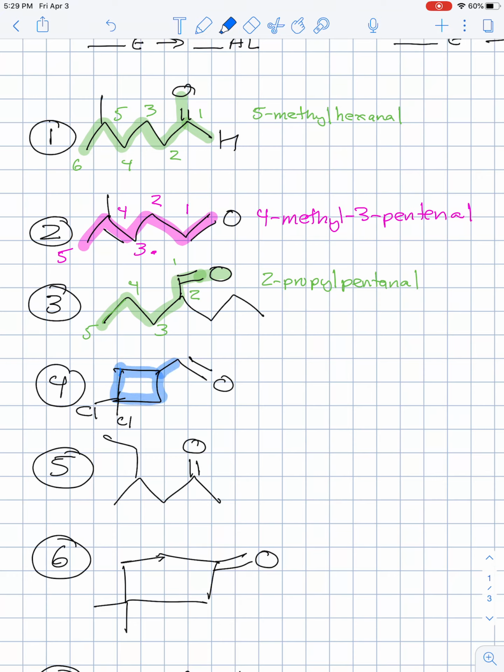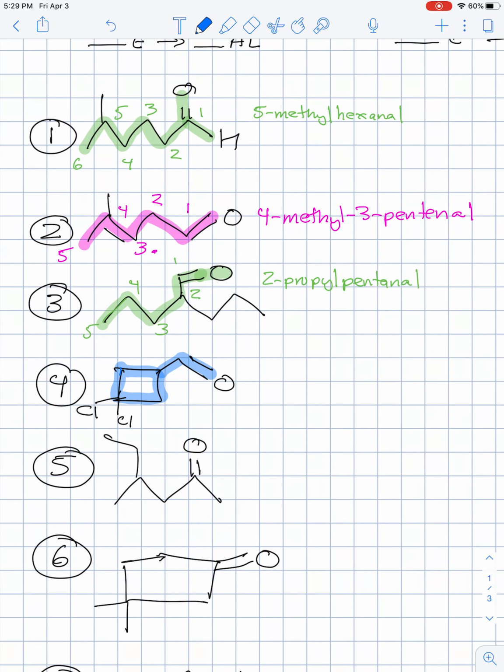And so the parent is kind of that whole thing, and it gets a special name. The special name that we use for aldehydes that are cyclic, where the aldehyde carbonyl is attached right to the ring, is cycloalkane carbaldehydes. I did not invent this system, don't blame me.